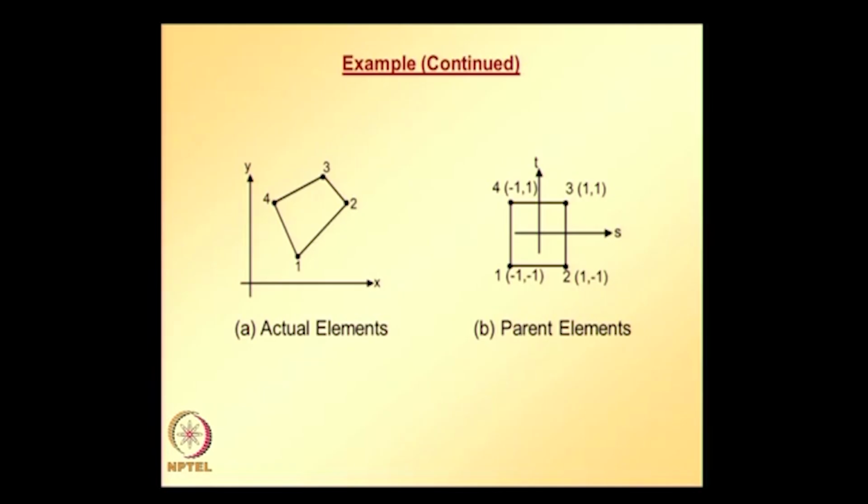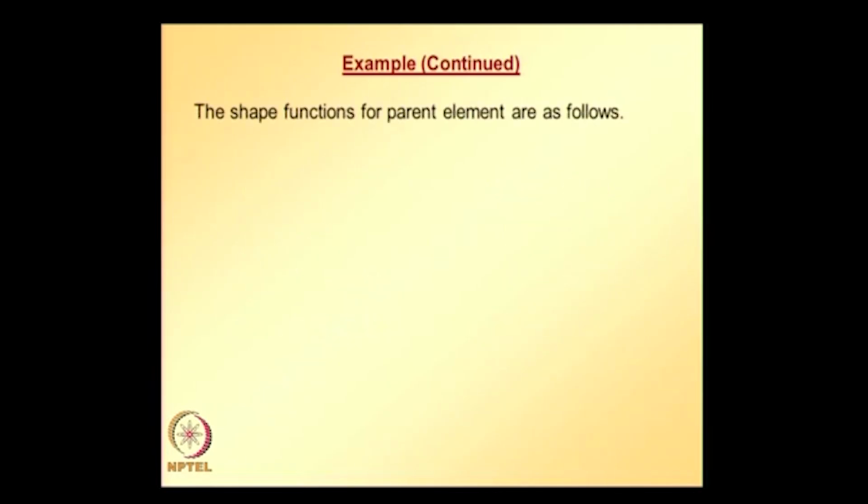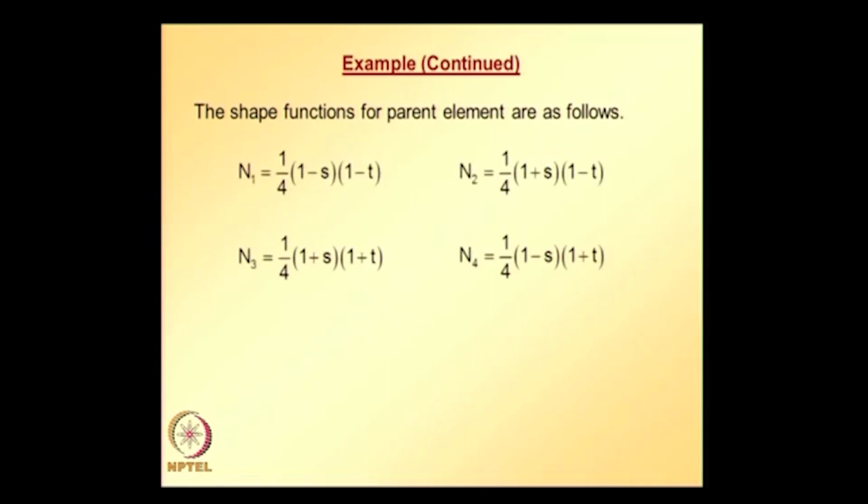So, now going back to the problem that we are looking at, the shape functions for the parent element are these N1 to N4 in terms of s and t, and we already noted down what are x1 to x4, y1 to y4.